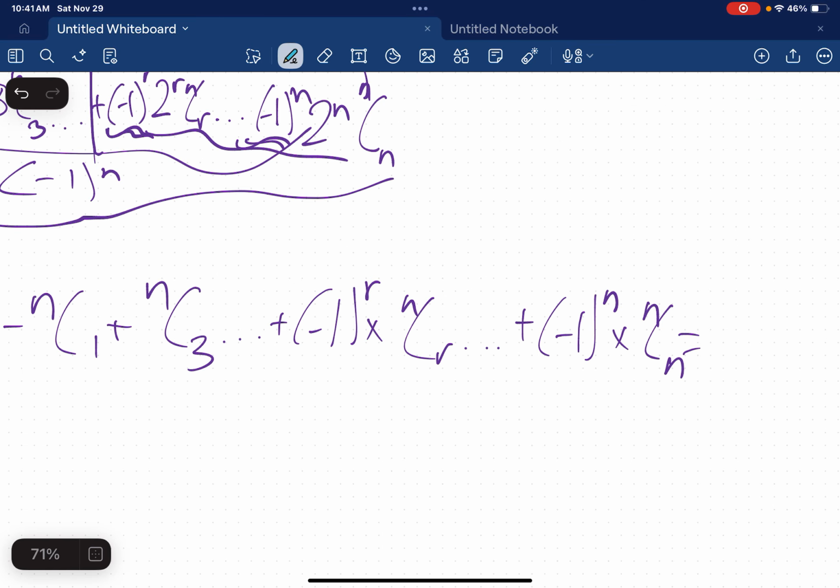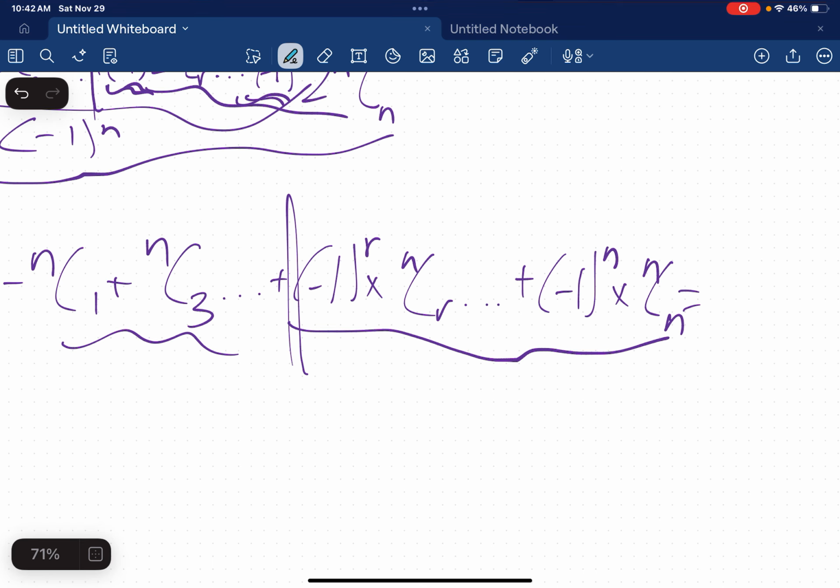Okay, let's focus on this part only, since that's just telling us what's going on over here. This is going to be hard to explain, but notice how for this equation we're just going to have (-1) to the r times n choose r.